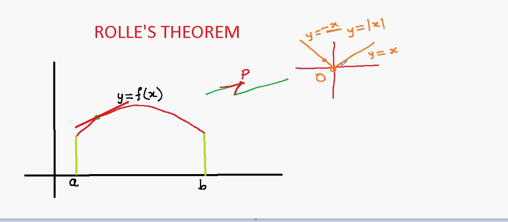And if I try to take any point to the right of origin, suppose this is the point, then the slope becomes +1. So whenever left hand derivative is not equal to right hand derivative, we say that the function is not differentiable. So in simple words, the curve should be smooth like this.